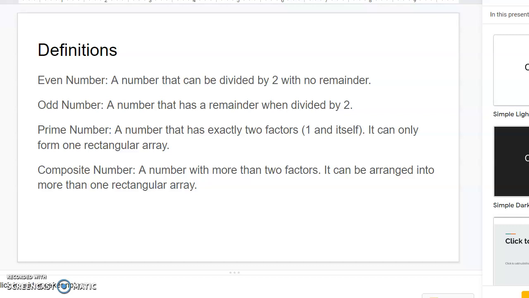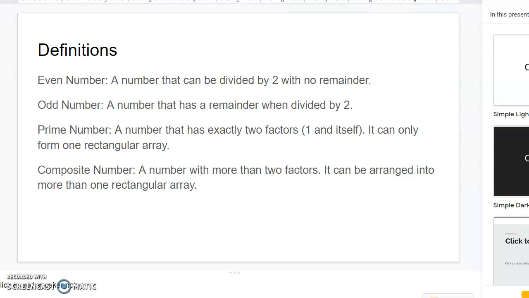A composite number is a number with more than 2 factors, more than 2 numbers that you can multiply to get to that number. It can be arranged into more than one rectangular array. For example, 8 is a composite number. I can multiply 1 times 8 to get to 8.